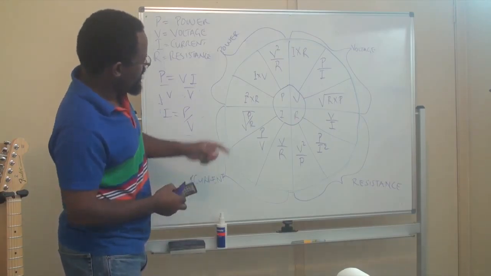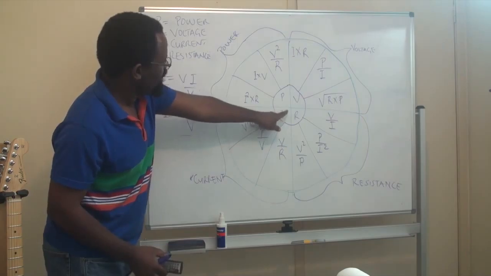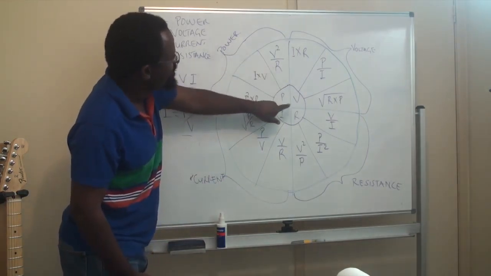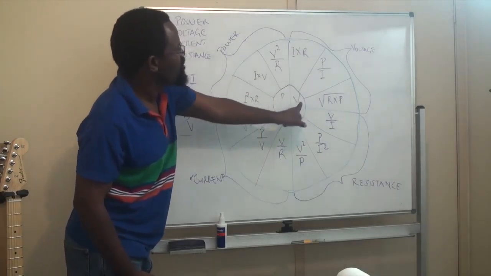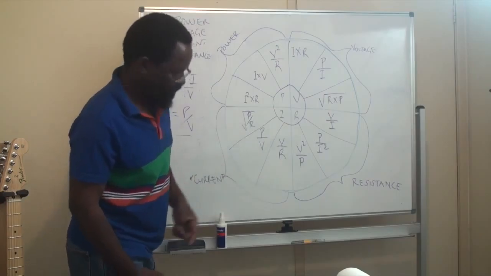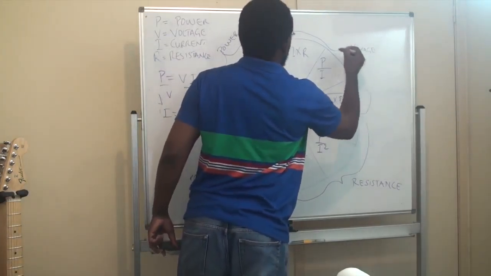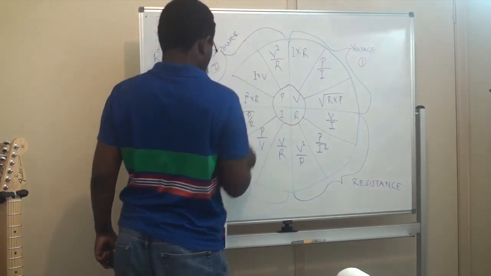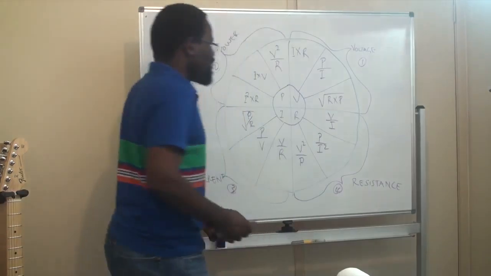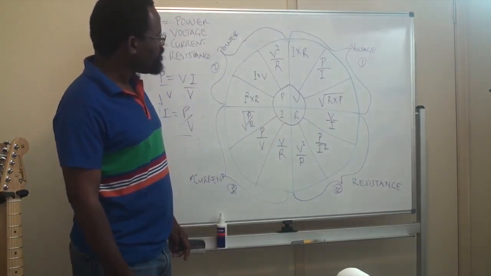I've labeled the quadrants here: this quadrant is I, the current quadrant, and this is the power quadrant, P. That quadrant there is the voltage quadrant, and that quadrant there is resistance. So quadrant number 1, quadrant number 2, quadrant number 3, and quadrant number 4. You can change them however you wish.